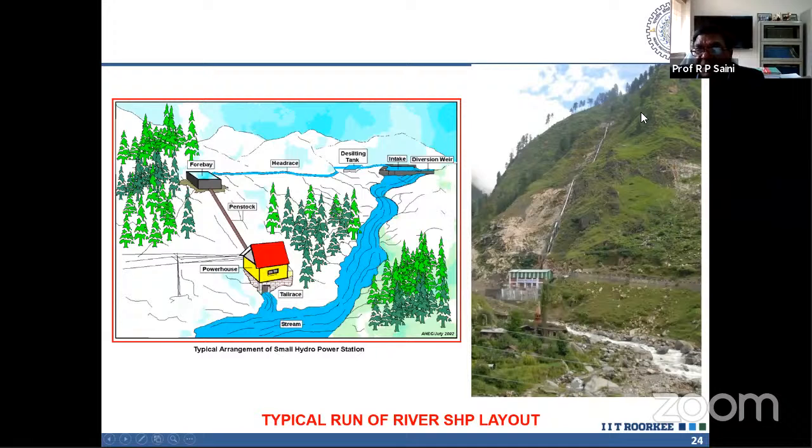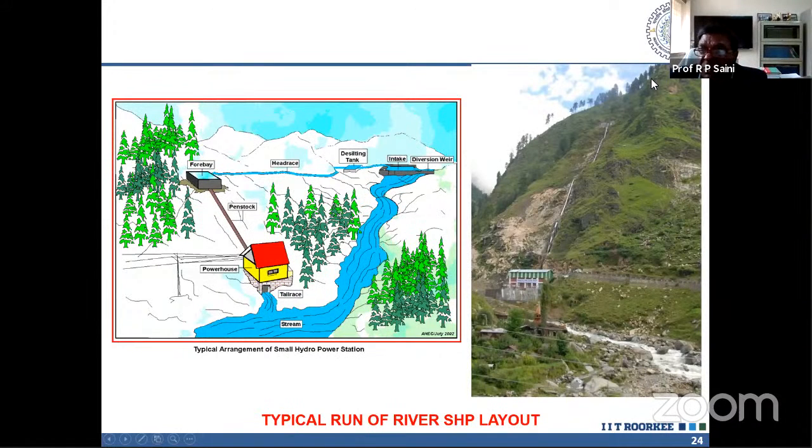I think you can see the actual picture of this. The stream is flowing somewhere here in this route. I have tapped this stream, and I put this forebay tank at this location, while the route of the stream may go somewhere here, even 10 or 15 kilometers.